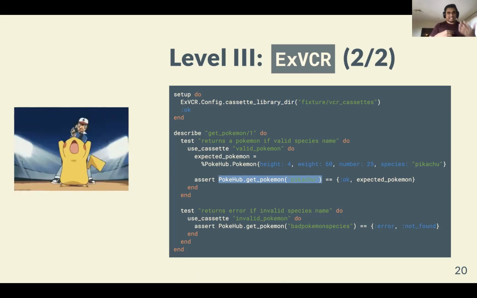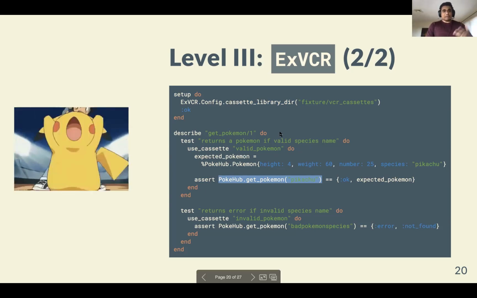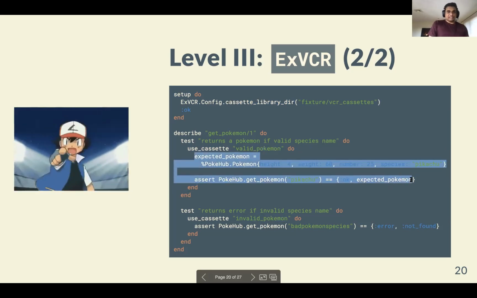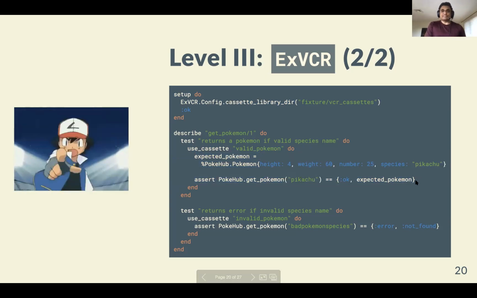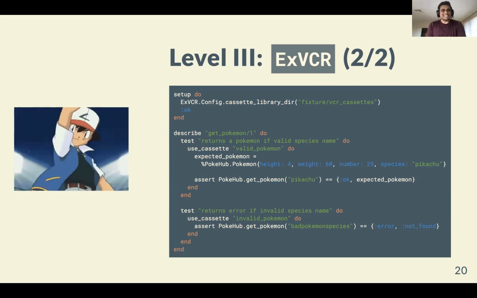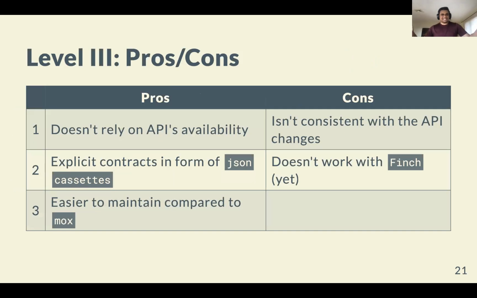And by default, every other time, it will just reuse that JSON file. So you can record responses for a valid and invalid Pokemon, and they'll be identical to what your API responded at that point in time. So you won't be relying on your ability to write mocks like you would in the mocks use case. Great. So pros and cons.